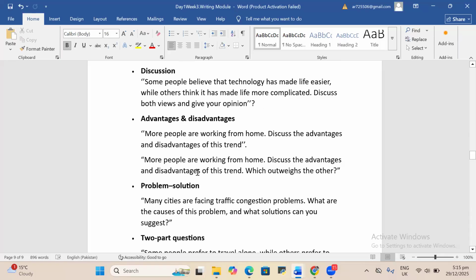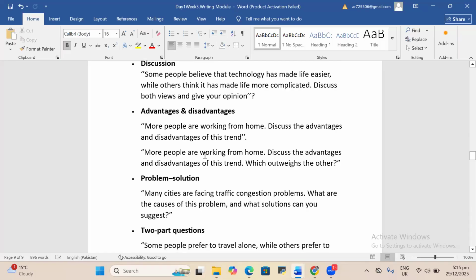Or they may also ask about advantages and disadvantages and which outweigh the other. In this statement you also need to describe whether the advantages are greater or the disadvantages are greater. You can choose any side.